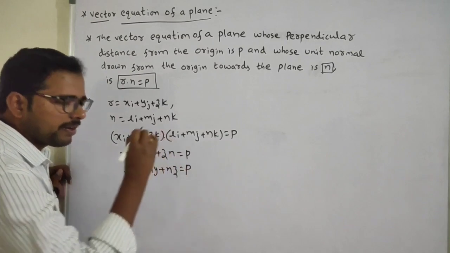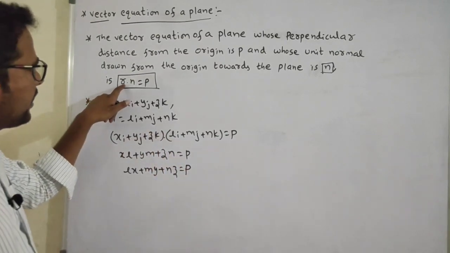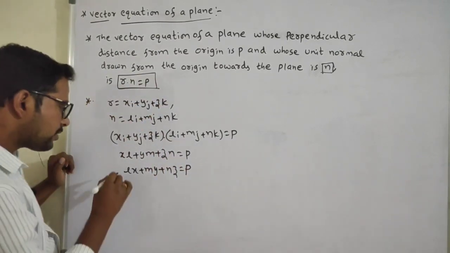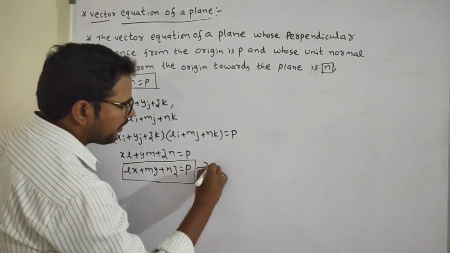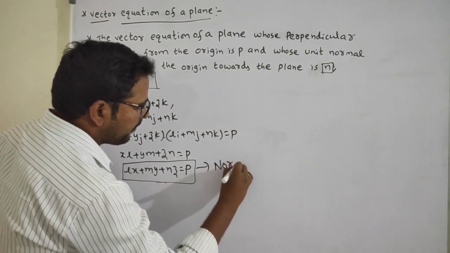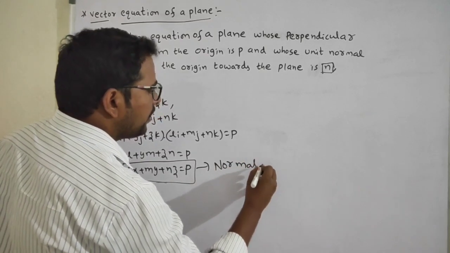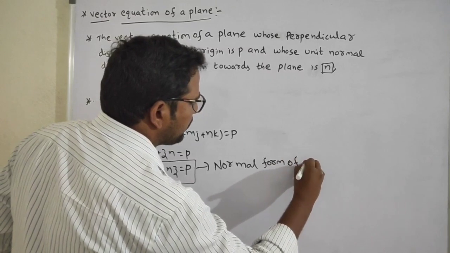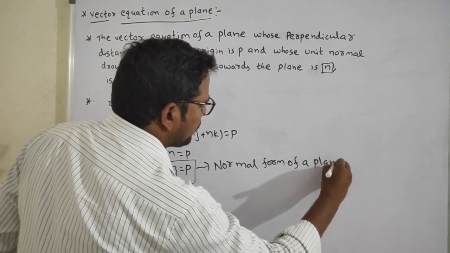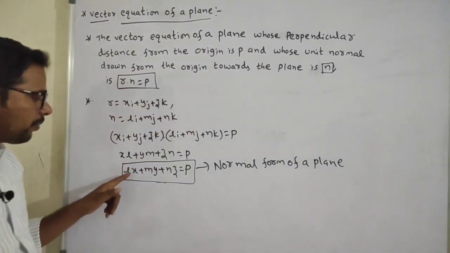This is also normal form. So R dot n is also normal form. This is also called normal form of a plane. But here we don't have i, j, k.